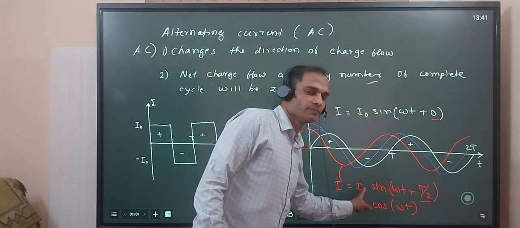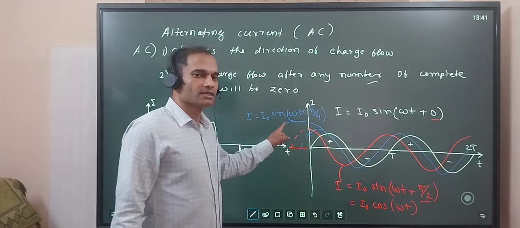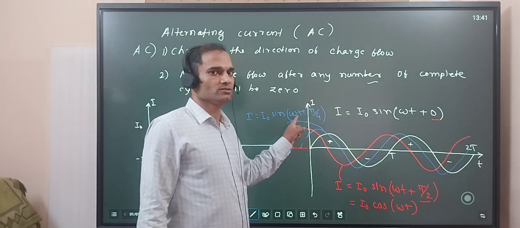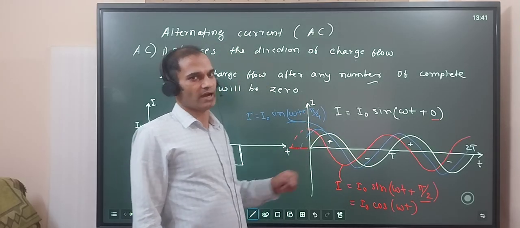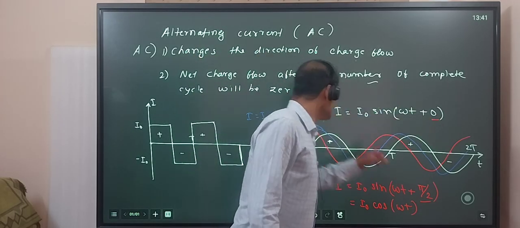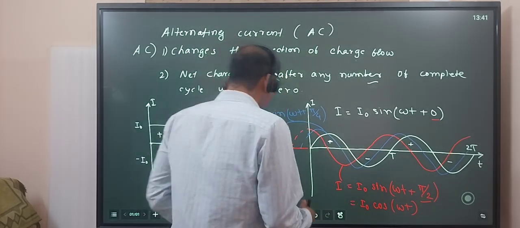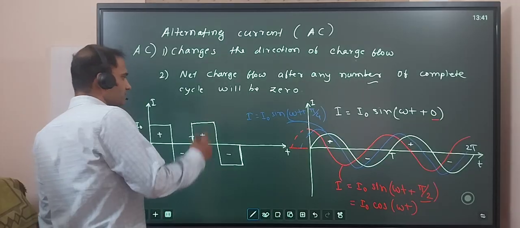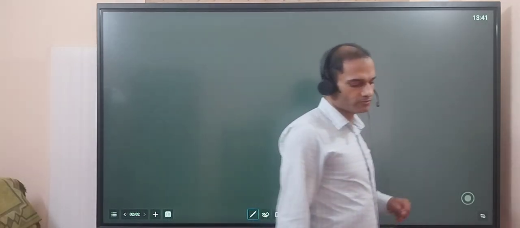Here the current value will be maximum at time t is equal to 0. In this case, the current value will be 0.707 I naught. So that part, 0, pi by 2, pi by 4, is called the initial phase. We will discuss it in detail, no problem. And our discussion will go this way, on this waveform first.